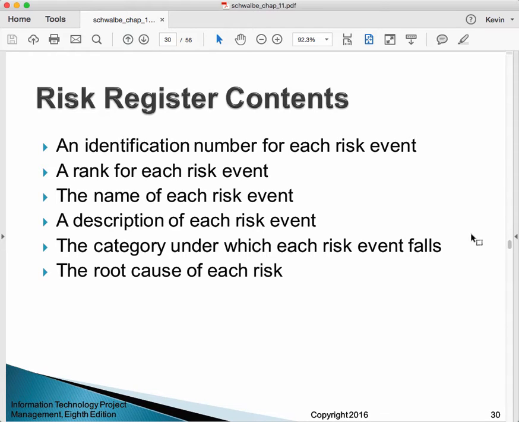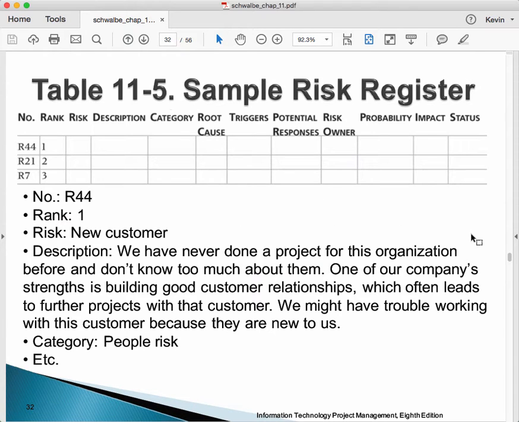Risk register contents. Let's just look at one here. So each risk has a number. We can rank them. We have a risk, that's the risk name. Then we have the description.